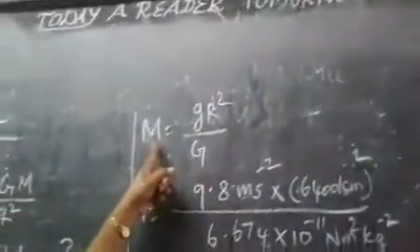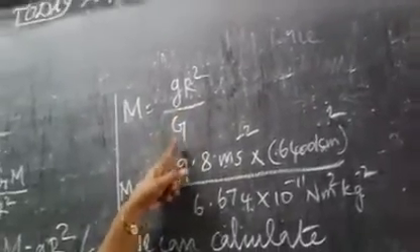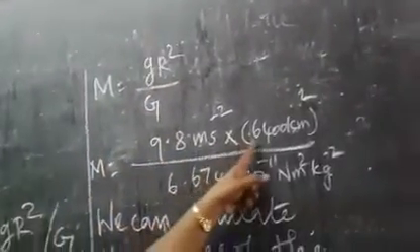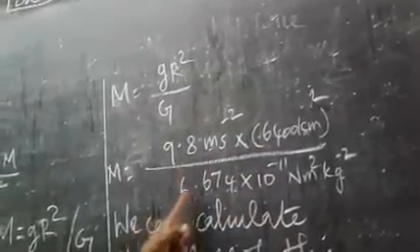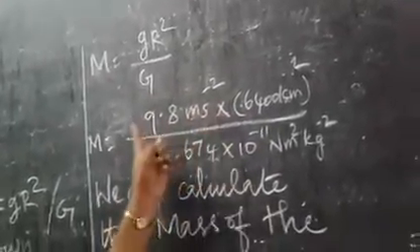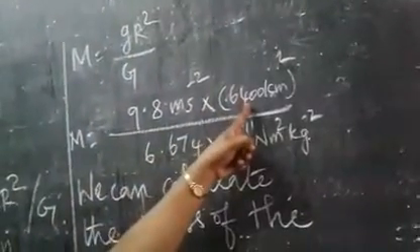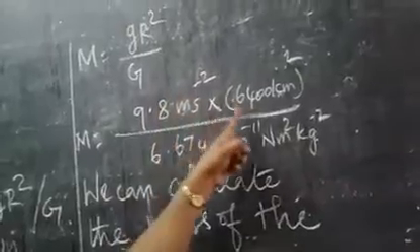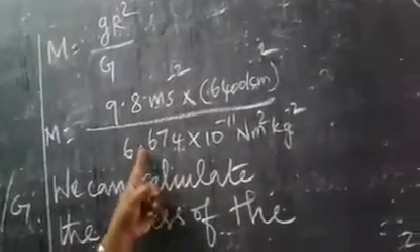Next, substituting these values in the mass of the earth equation, M is equal to small g R square divided by G. First we square the R value, then multiply by small g, then divide by the capital G value.